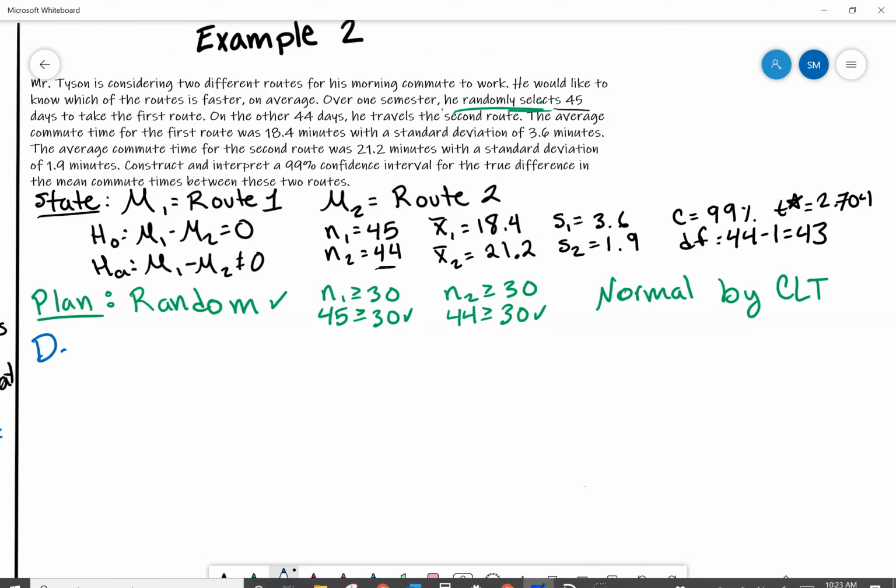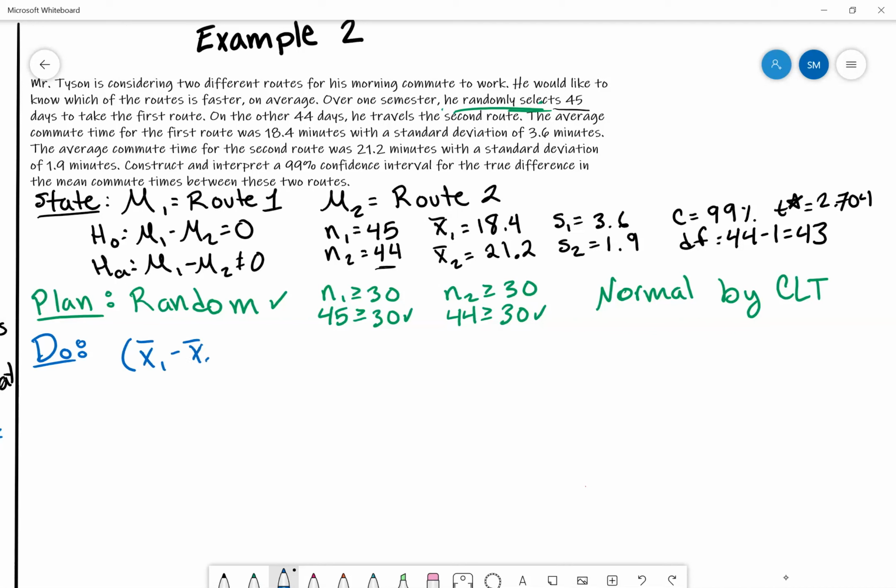Okay, moving on. Do. We're going to plug everything into that formula. Again, that formula is x bar sub 1 minus x bar sub 2, plus or minus t star times the square root of s sub 1 squared over n sub 1 plus s sub 2 squared over n sub 2. So let's plug everything in.